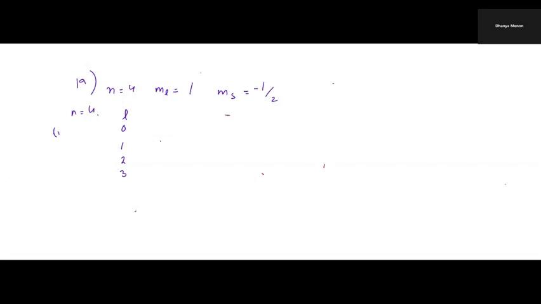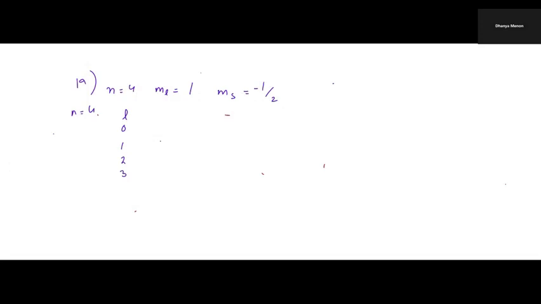When n value is 4, L value will range from 0 to n minus 1, so we have L values 0, 1, 2, 3.